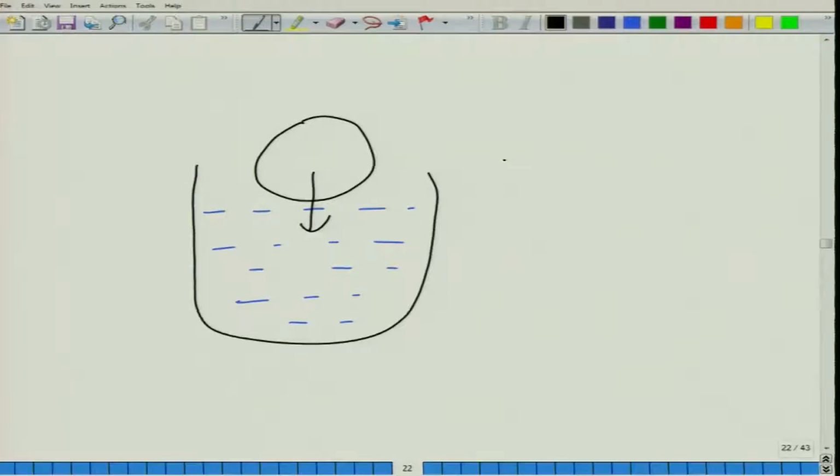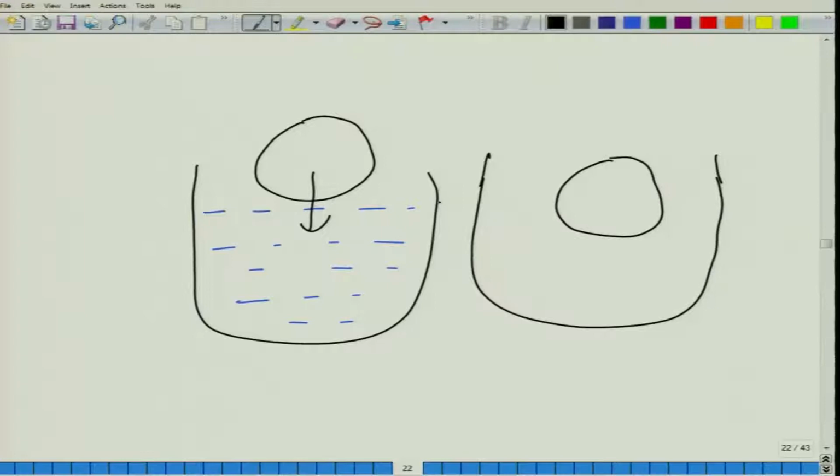When the sample is floating, you have a situation like this. Here you have your floating sample. Because the sample has displaced some water, the water level will increase. Suppose this is the water level. The weight of the fluid that is displaced is equal to the weight of the object. We shall look into it in greater detail in this class.